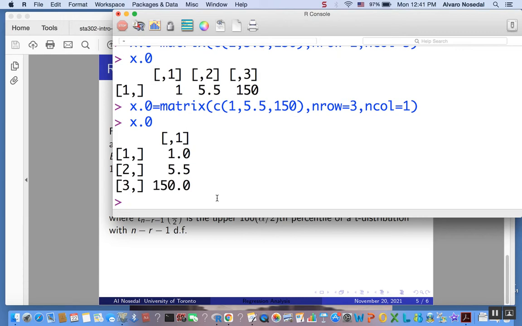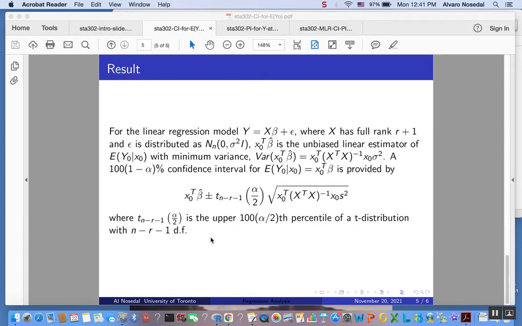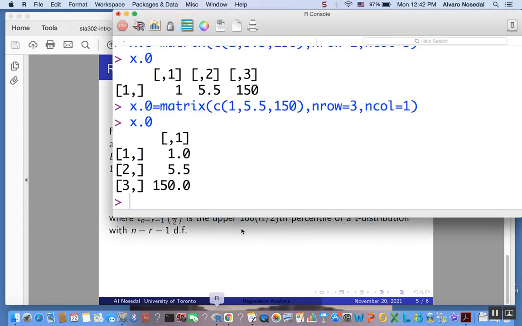Next, what we want is our point estimate. Let me call it y hat 0, this one here.